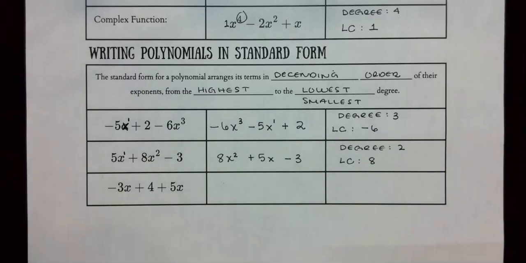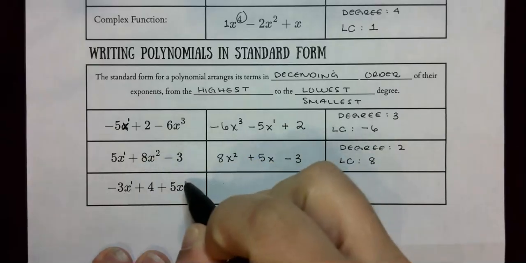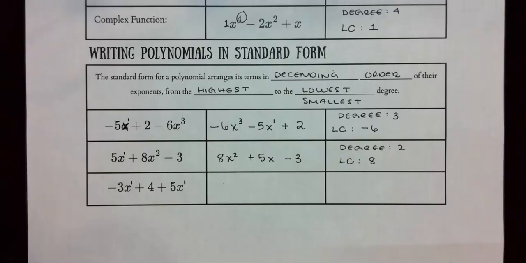All right, the last one here, you're going to notice that we do have two x's, and it looks like we don't have exponents on either one. So that means that we can actually put these two together. So let me rearrange it first. We'll put them together and then simplify it, and then name the degree and the leading coefficient.